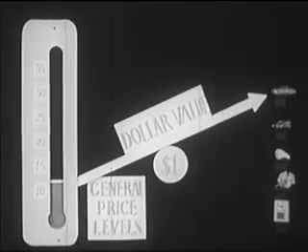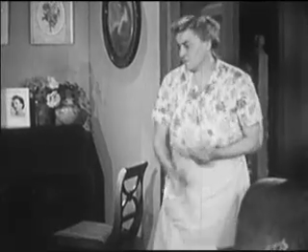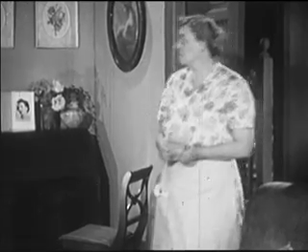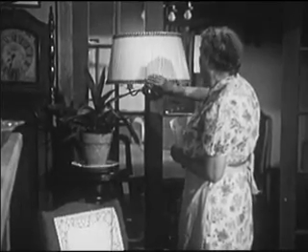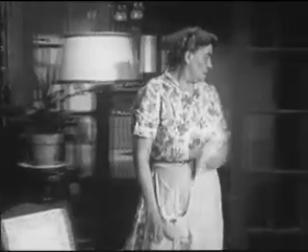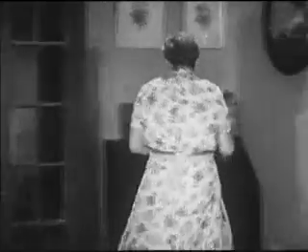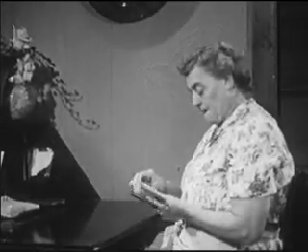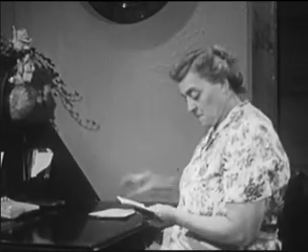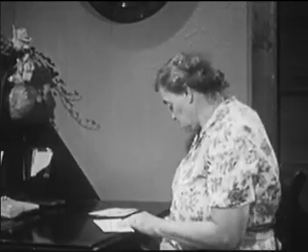But the changing value of the dollar has a human story, too. Notice the furnishings of Mrs. Mueller's home. They're old. Well, this is in part because she likes them, but also because of the changing value of the dollar. Mrs. Mueller is a widow. Her income in dollars has remained about the same for the last 10 years.